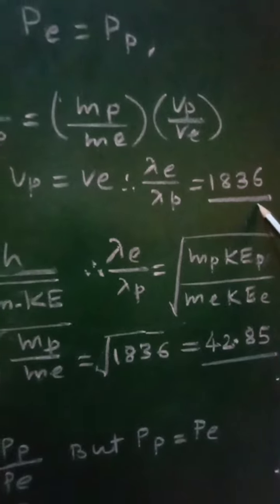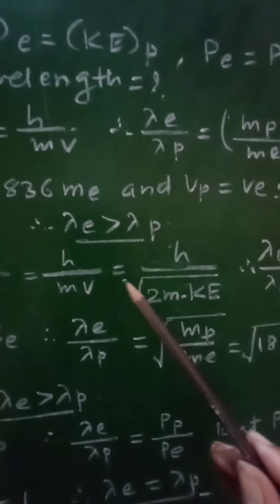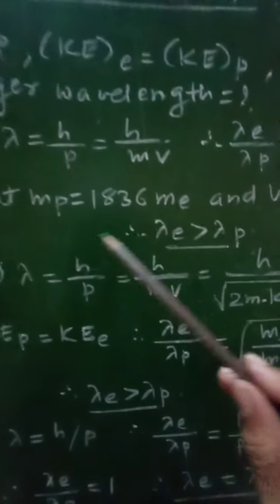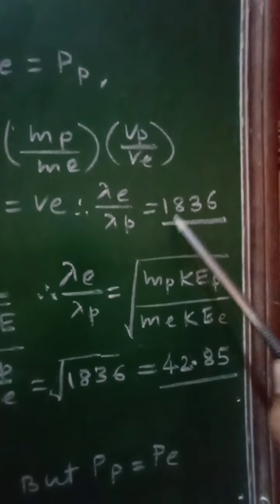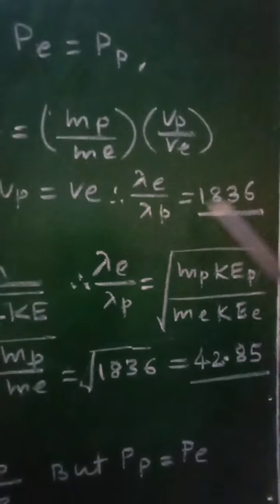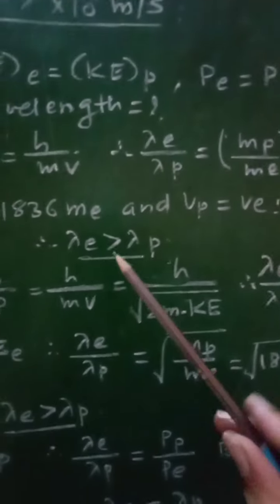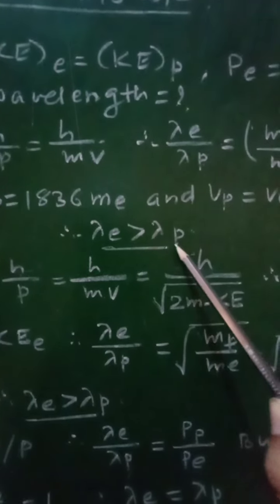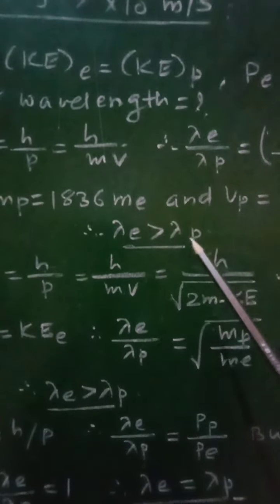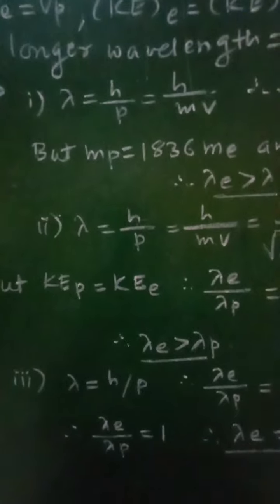Therefore, this will be the required ratio, and from this we can say that lambda e will be equal to 1836 times lambda p. Therefore, we can say that the wavelength for electron is greater than wavelength for proton in the first case.